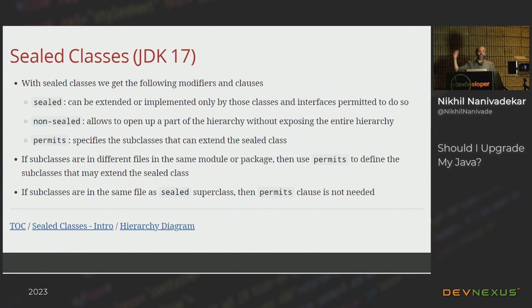I learned that while the code was all working and my unit tests were still passing when they shouldn't pass, and that's when I dug deeper to understand. That's when I found out this last one: if they're in the same file, then you don't need the permits clause. It basically gets open for everyone.